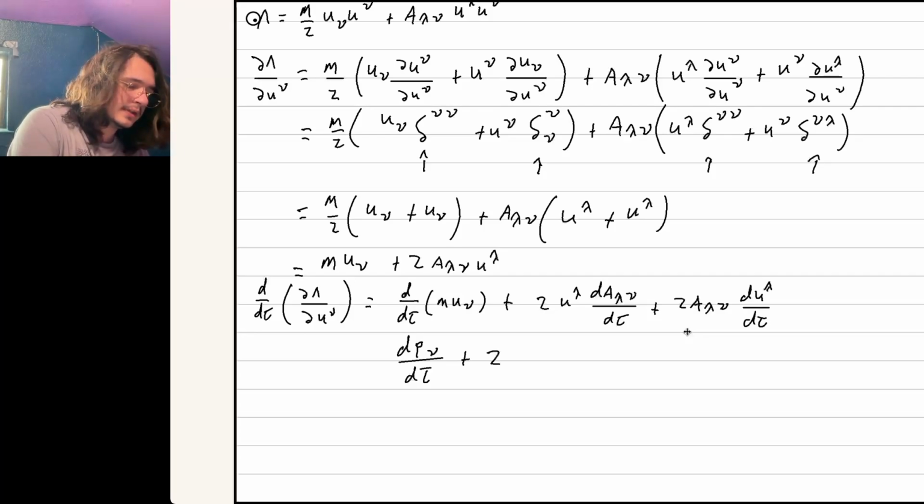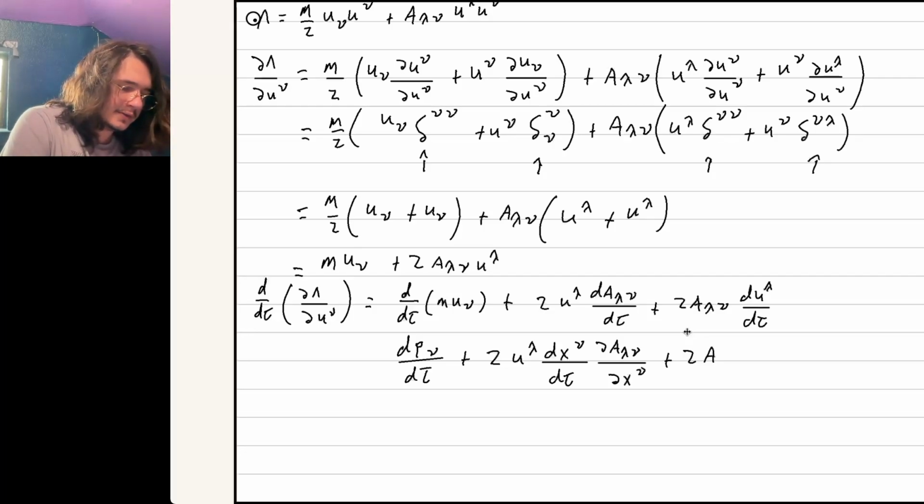So I'm talking about u^lambda dx^nu d tau times partial a_lambda nu partial x^nu. And then the other term stays the same. Right.